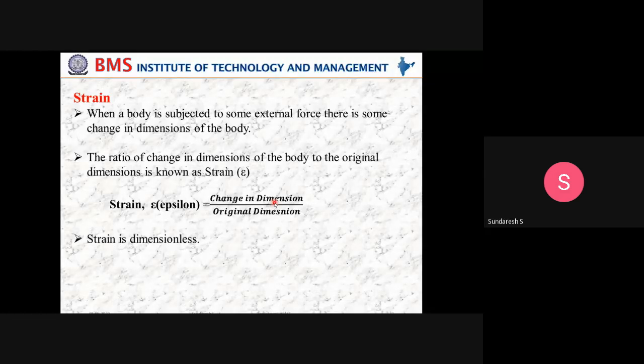A simple example: when a body is subjected to a tensile load, the effect of the tensile load is to increase the length of the body. So how do we calculate the tensile strain? Of course, I'm going to discuss those things later. If the strain is occurring along the axial direction, we generally term it an axial strain. So this dimension might be a length, diameter, width, thickness, anything.